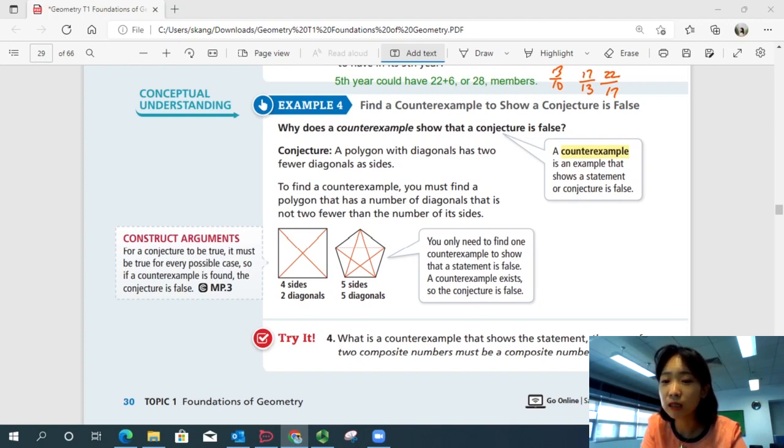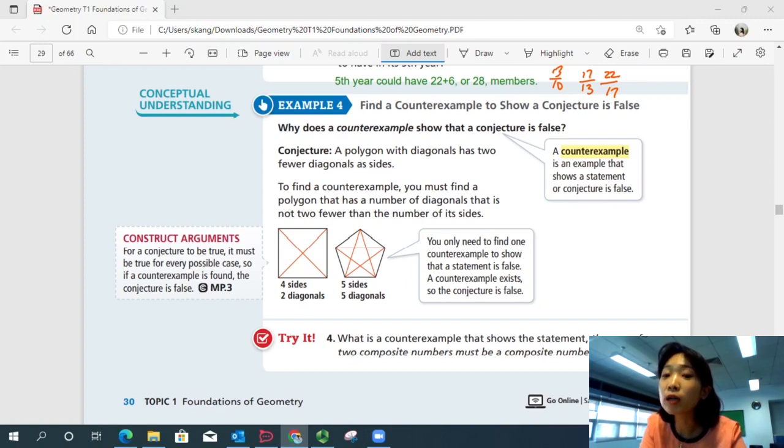What does that mean? So basically, do you know prime numbers? Composite numbers are the opposite of prime numbers. If it's not a prime number, it's a composite number. It has other factors than itself and 1.